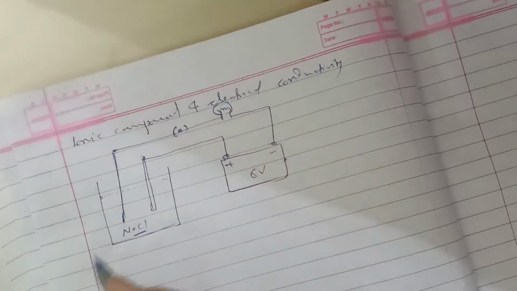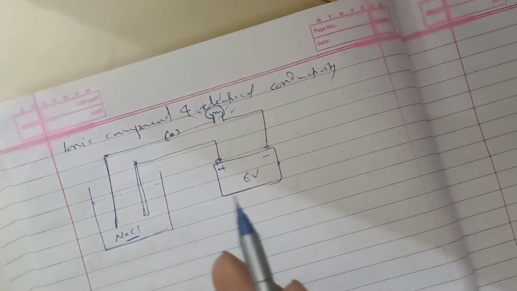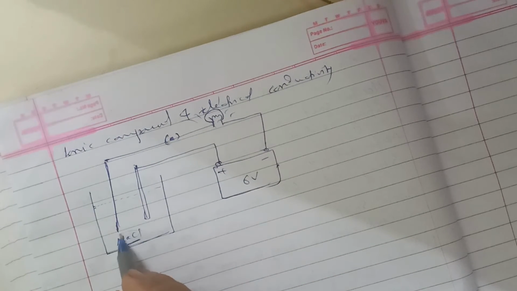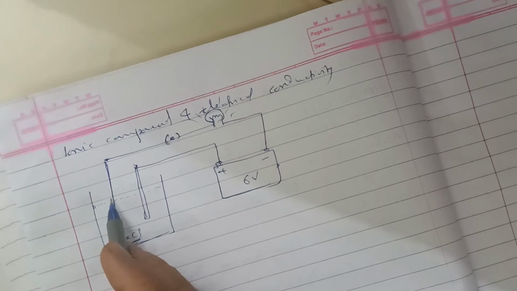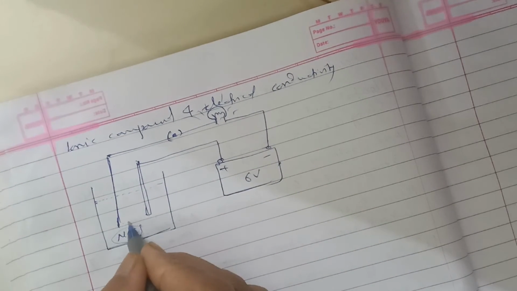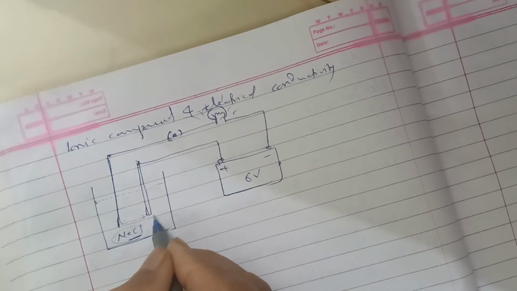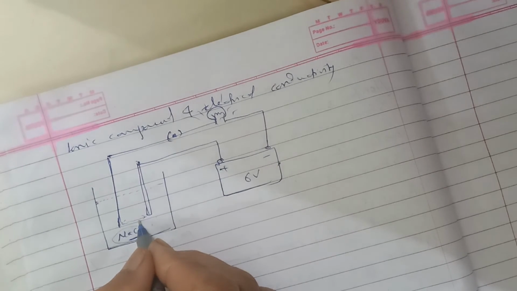After that, the bulb is glowing. Why is this bulb glowing? When we add the NaCl solution, the electric circuit is completed. From this rod to this rod, the electric current flows because of the presence of the solution. That means the solution is a good conductor and conducts electricity.